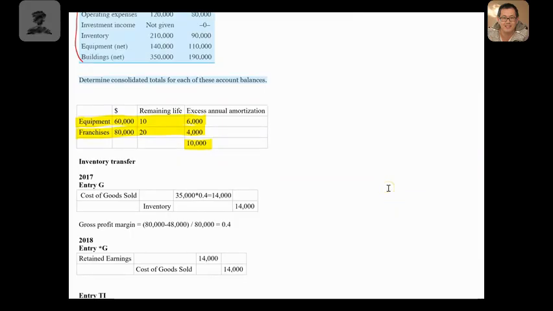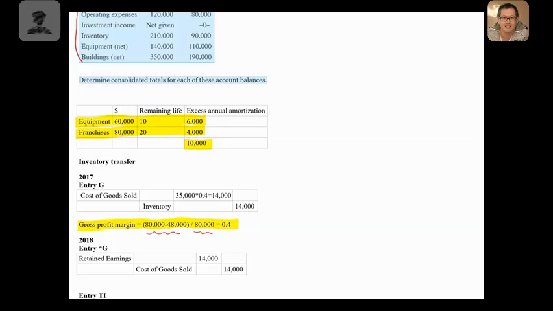gross profit is deferred. So in 2017, there's going to be an entry G, the deferred gross profit related to the inventory transfer. In order to get the deferred profit in those unsold inventory, first we need to calculate the gross profit margin. The way we calculate that is the profit, equal to the transfer price minus cost, divided by the total sales or the transfer price, which is 40%.